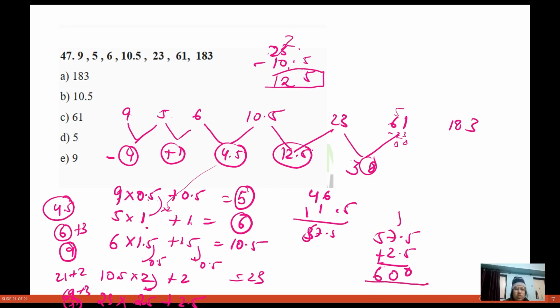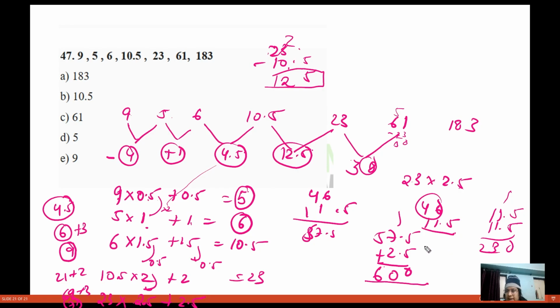Are we correct? Okay, so 23 into 2.5. If I do 23 into 25, I don't want to multiply. So what I am doing is 23 into 2 is 46. And what is half of 23? Half of 23 is 11.5, because 11.5 plus 11.5 gives you 23. Okay, so 11.5.